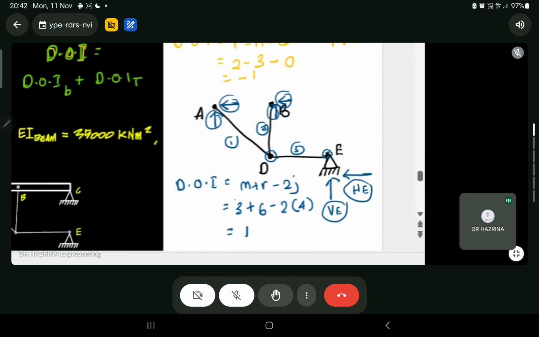So in this case, you ada DOI beam adalah -1 campur 1. So dia jadi kosong. So basically dalam kes ni, sebab dia adalah virtual work. Okay, virtual work. So dalam virtual work, dia punya DOI mestilah bersamaan dengan kosong.